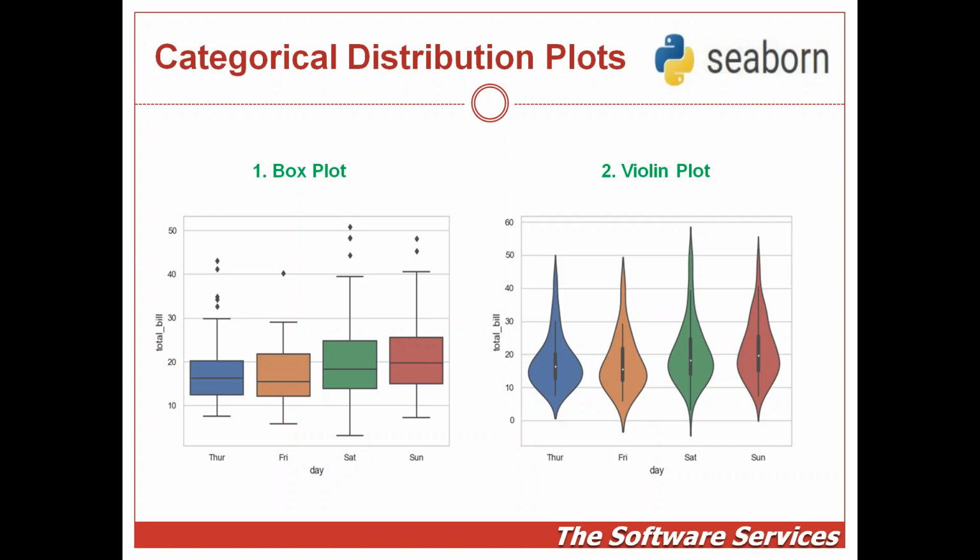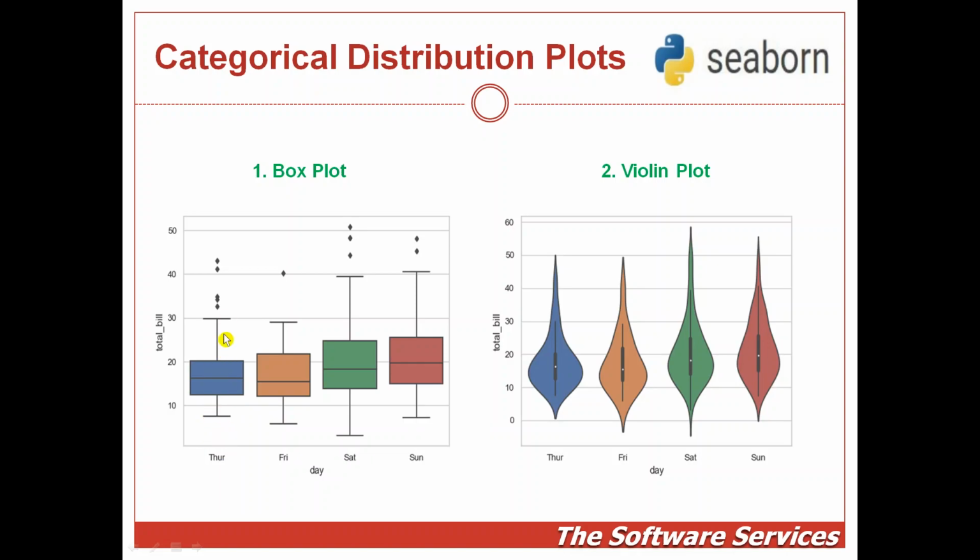Okay, how the data points are distributed. Data points means the entries of both variables, the categorical and their corresponding value, how those values are distributed. So the box plot will plot the values in the form of boxes.